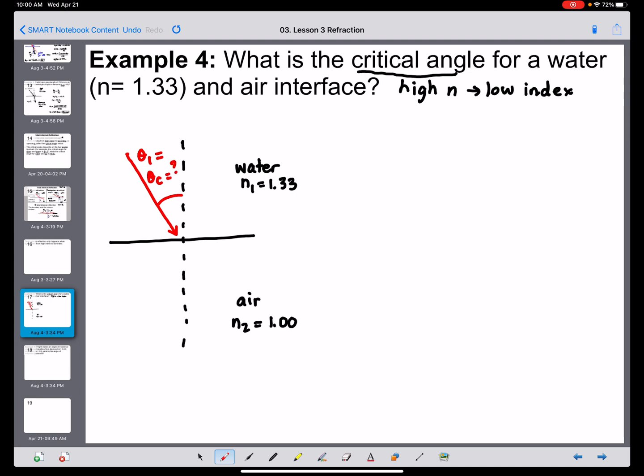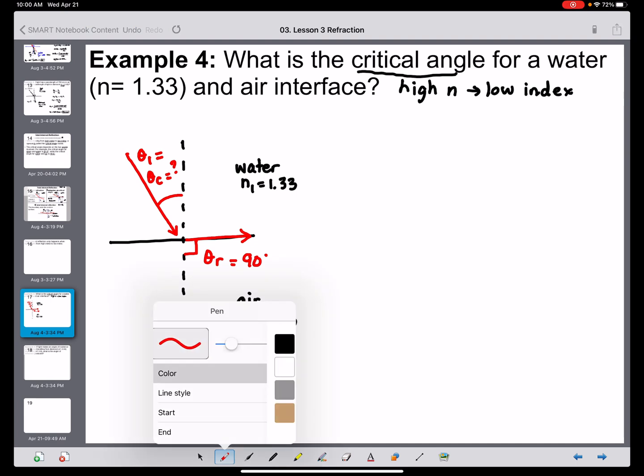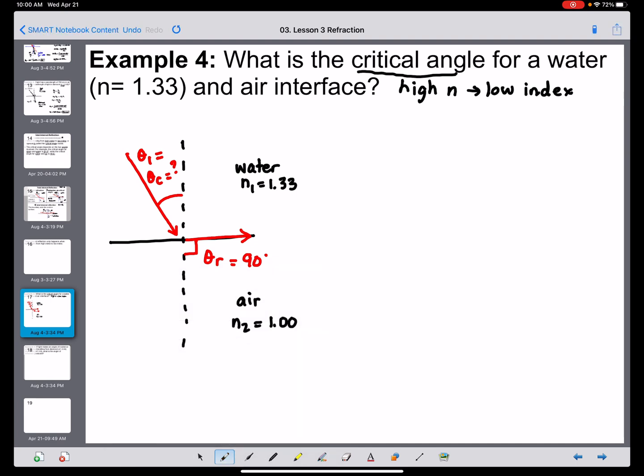And we know that when we're at the critical angle, the refracted ray will have an angle of refraction of 90 degrees. So now we can actually set this up the same way as we set up our questions from yesterday.